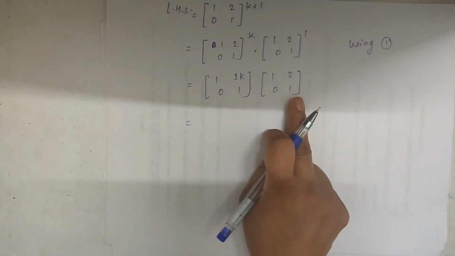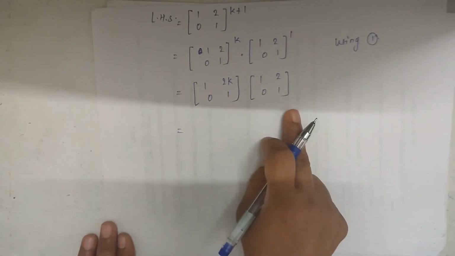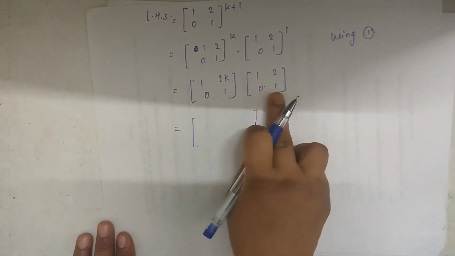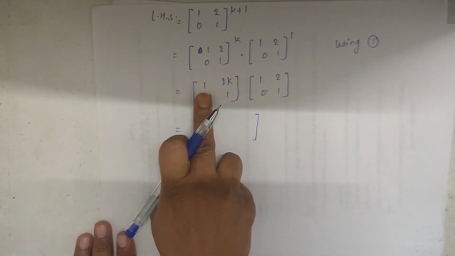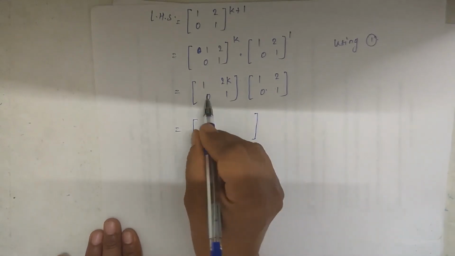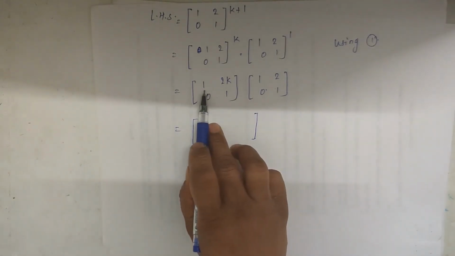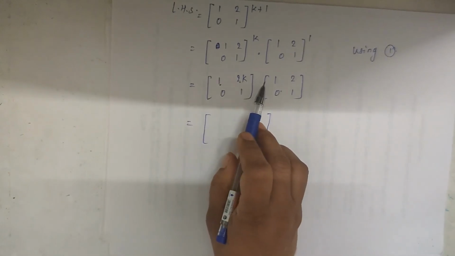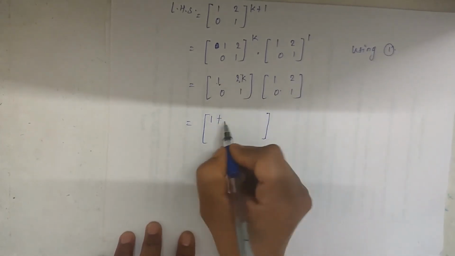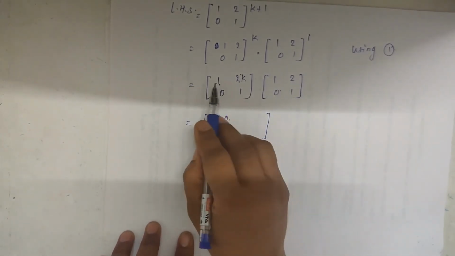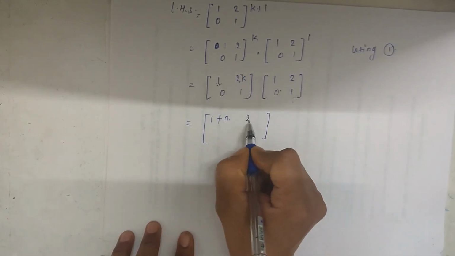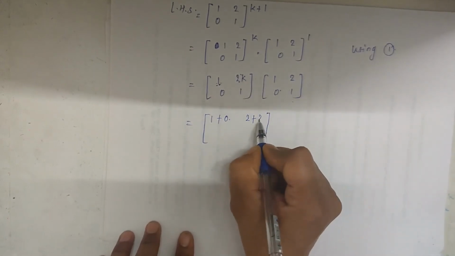Now by using the product of two matrices, we can write a single matrix, that is the product of these two matrices. The first element, from first row and first column: 1 into 1 plus 2k into 0, which is 1. Now the second element, using first row and second column: 1 into 2 plus 2k into 1, which is 2 plus 2k.